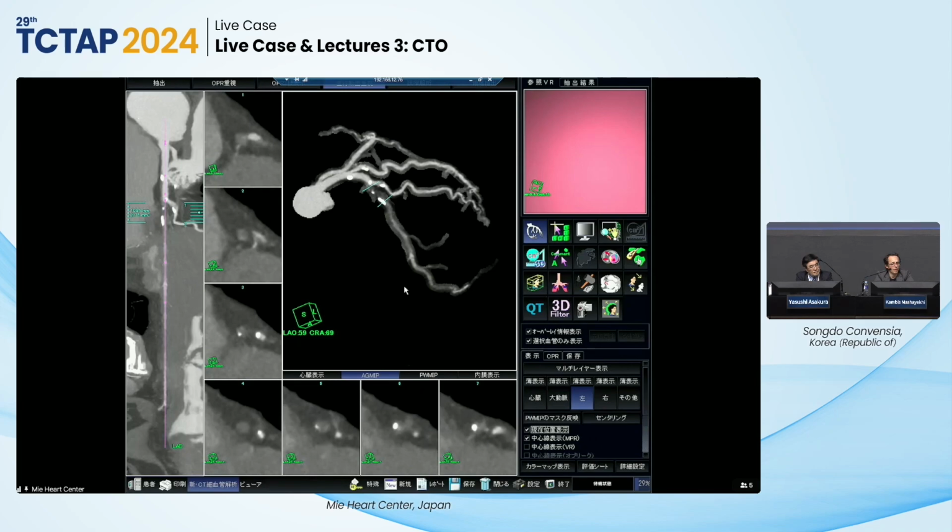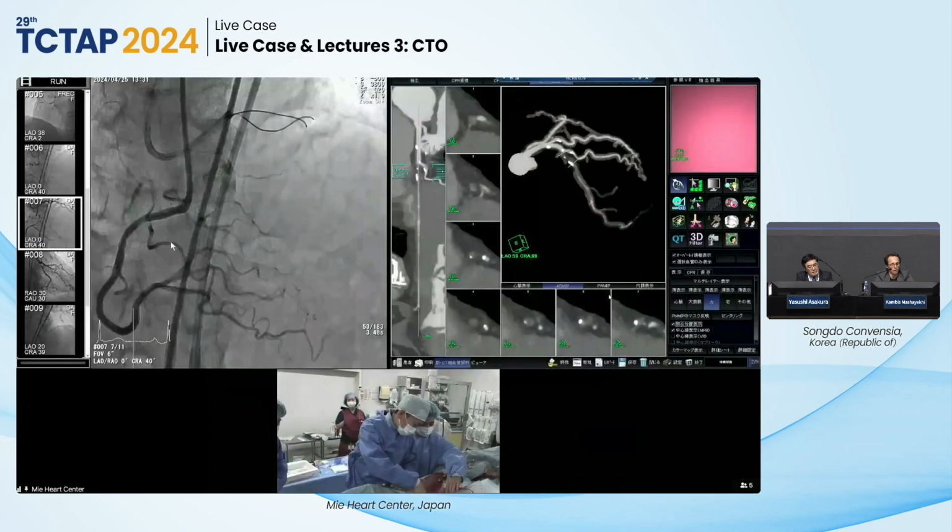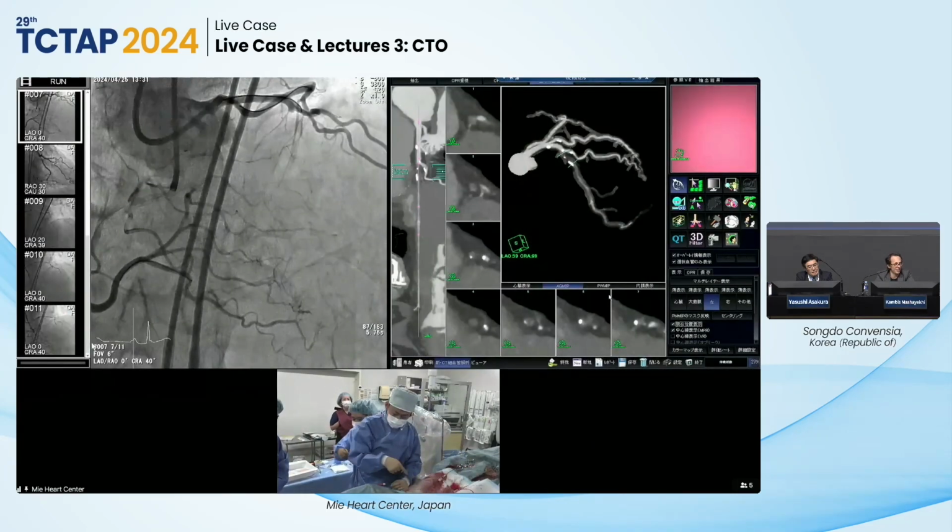Once you do the antegrade puncture, there's quite a high chance of intraplaque tracking to get the wire down. And even if you end up somewhere in the vessel architecture, you still have beautiful retrograde options as well. So I think it's a very nice case to demonstrate the beauty of CTO PCI.